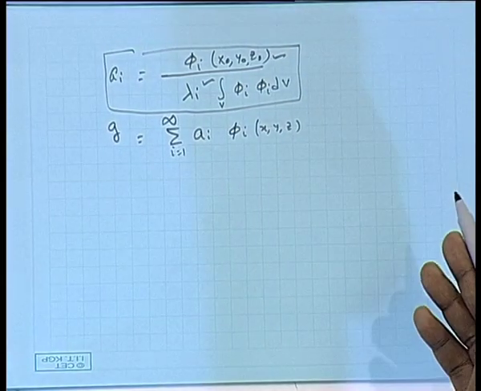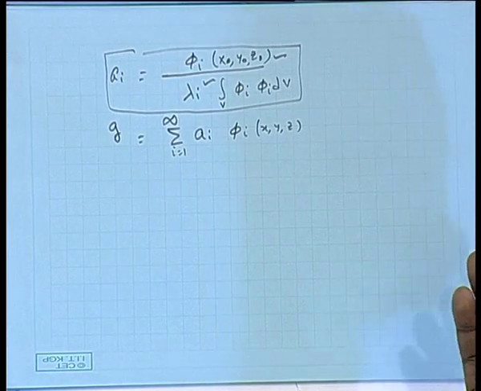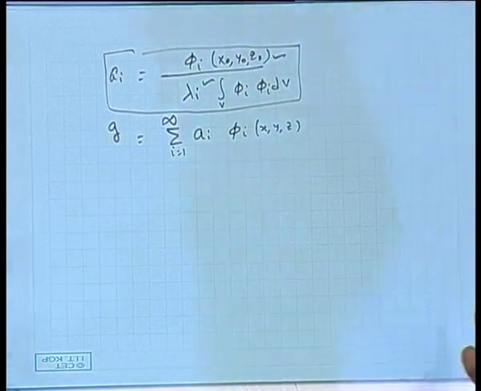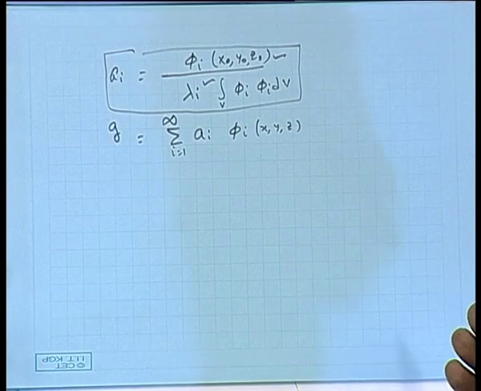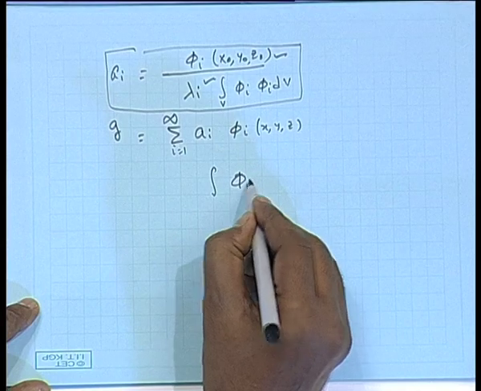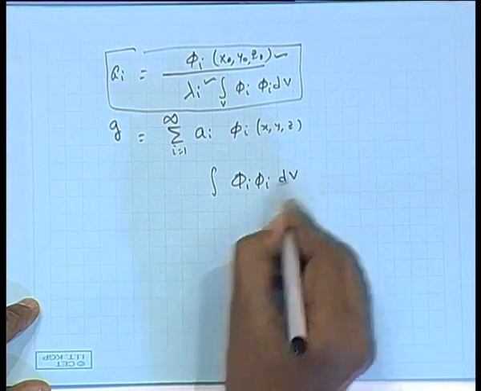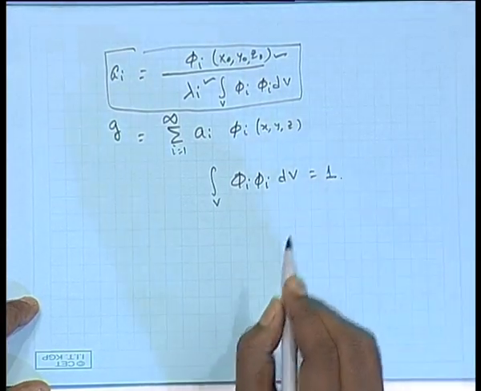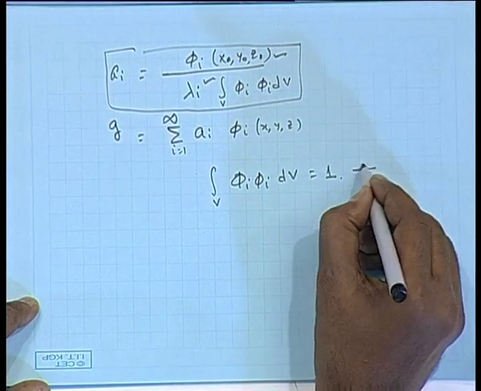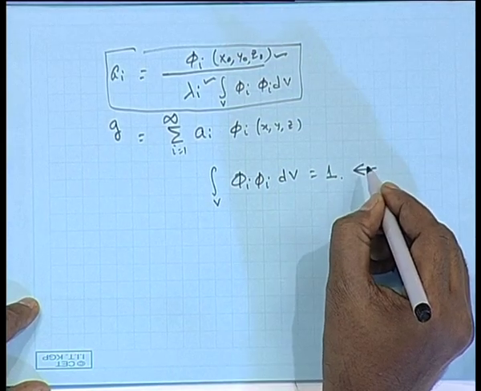The norm of a function f is basically defined as the integral of f times f dv, that is called norm. Orthonormal means its norm is 1, its norm is nothing but representing length for a vector. For a continuous function, the norm, basically integral of phi I times phi I dv, is equal to 1. So, this is called orthonormalization of a function.